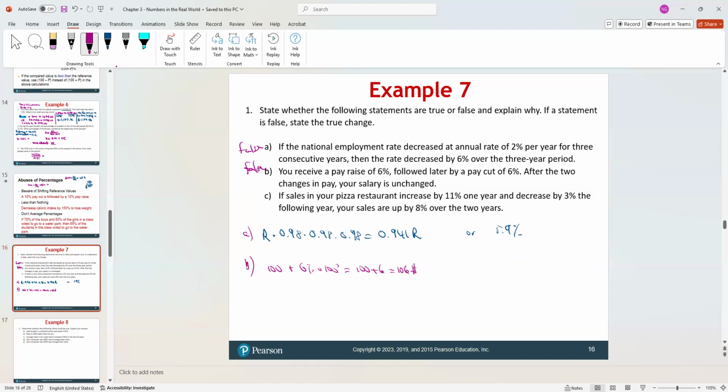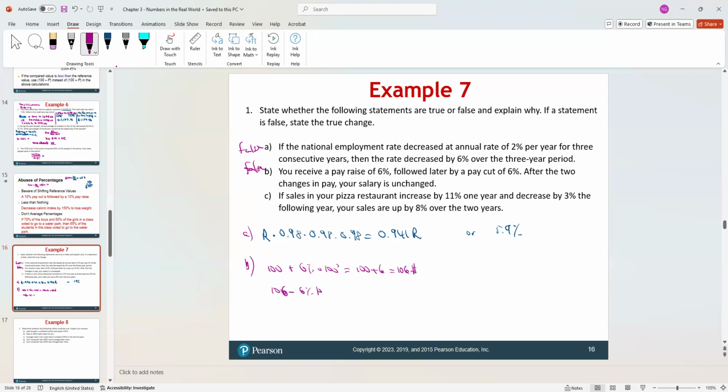Now let's cut it. If you have a cut of 6% of the new salary, 106 minus 6% of 106.